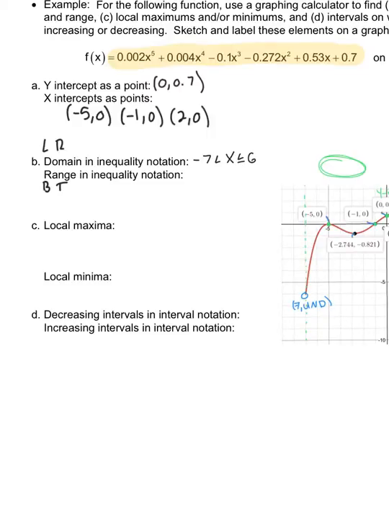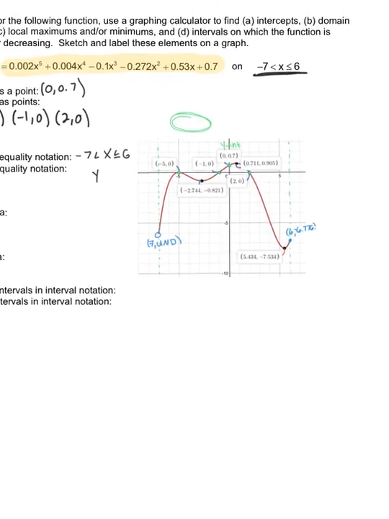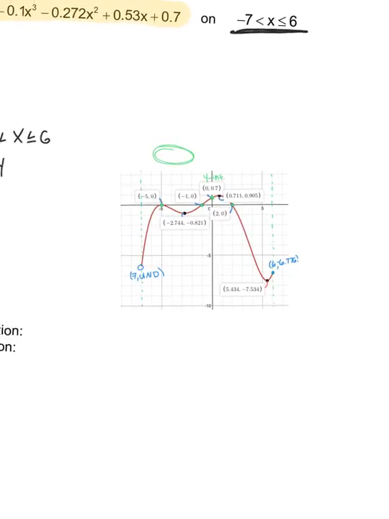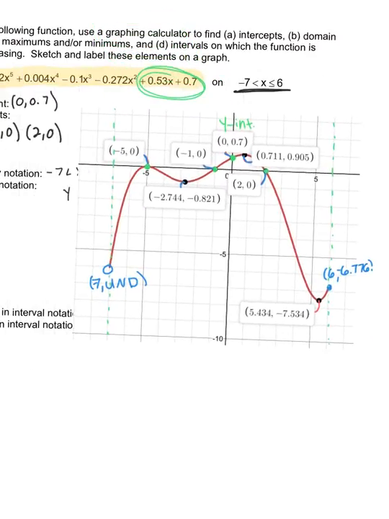So your domain goes from -7 to +6. And the reason I'm using an X is because X values are my domain. When I write the range in inequality notation, I'm going to have the letter Y there. Okay, so the range goes from the bottom of the graph to the top of the graph.